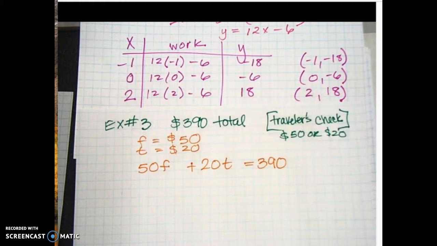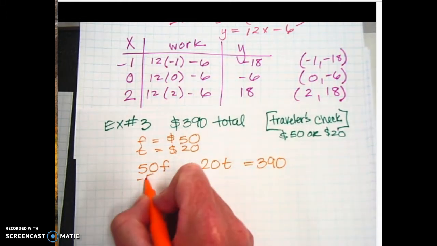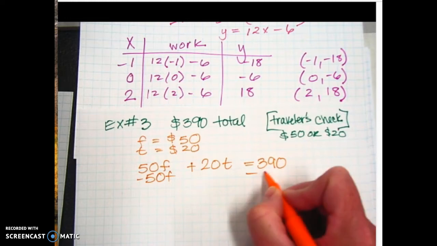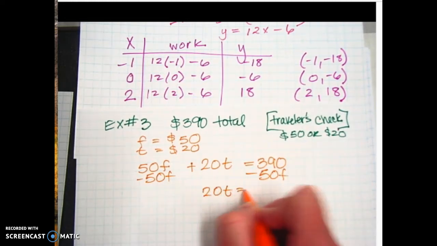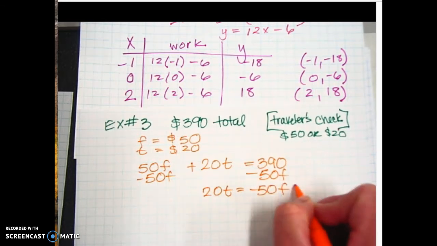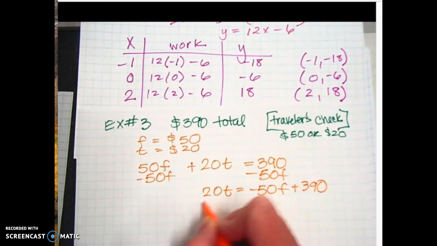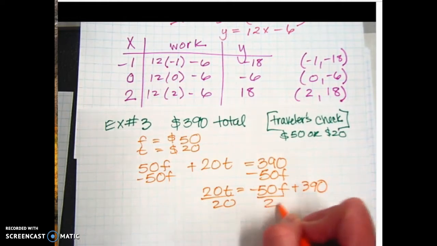So on this one, we're going to first solve for t. So let's subtract the 50f. 20t equals negative 50f plus 390. Divide everything by 20.